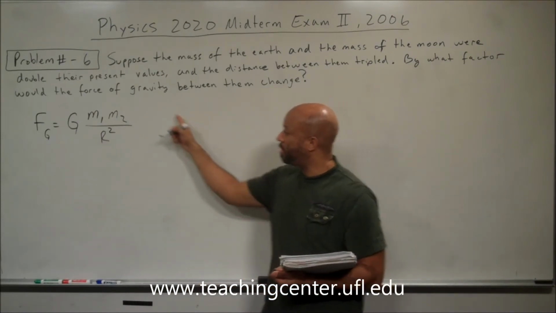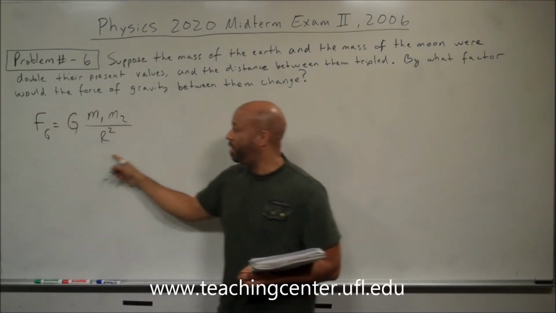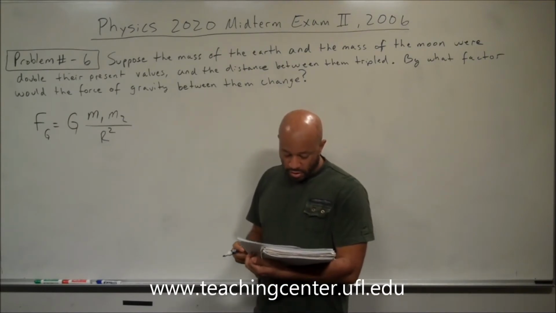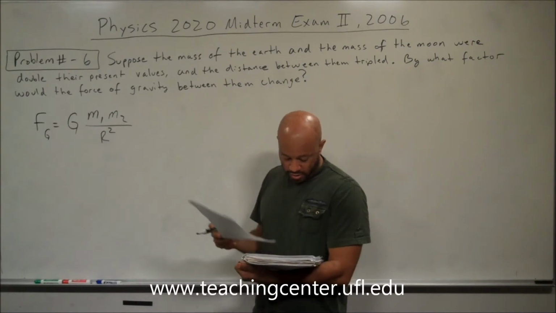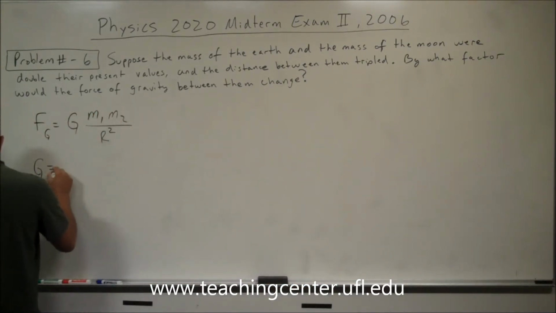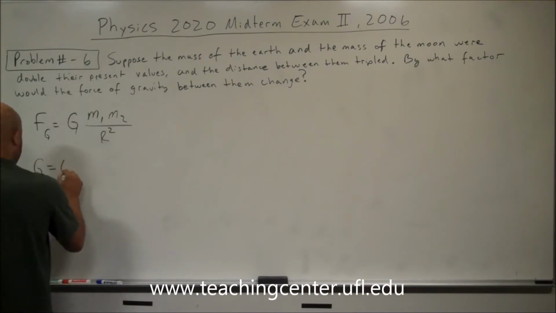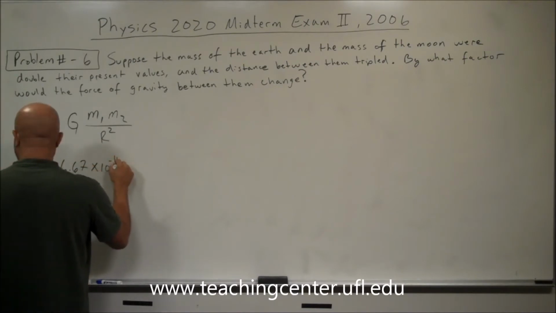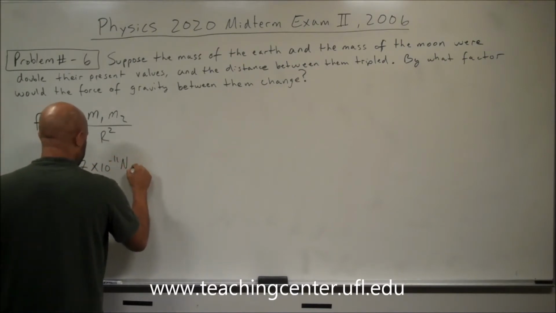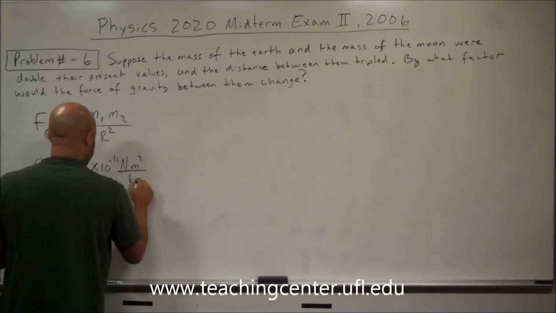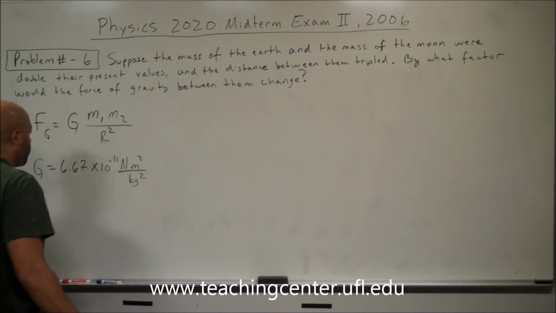So this is how you calculate the gravitational force between two bodies. All right, and we know that G is equal to 6.67 times 10 to the minus 11 newtons meter squared per kilogram squared.